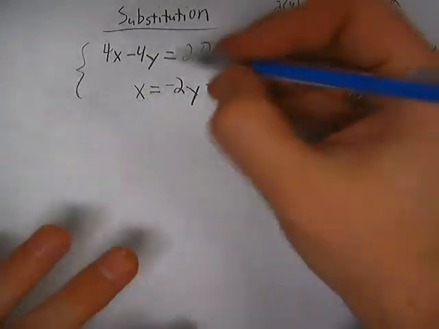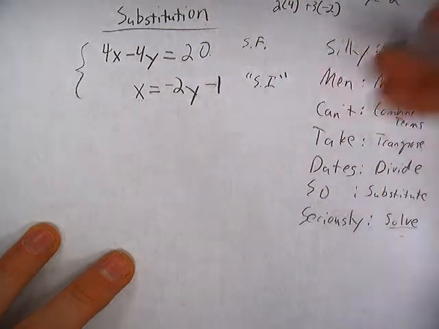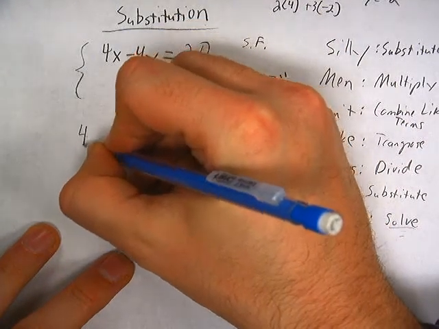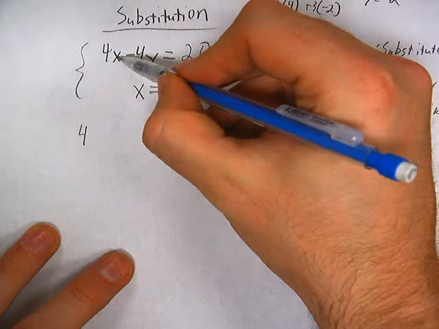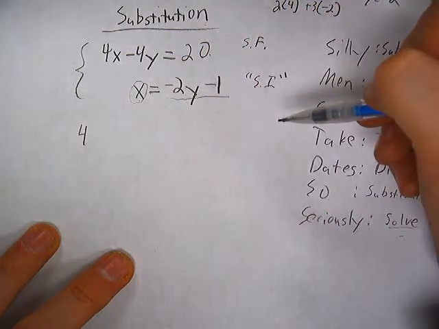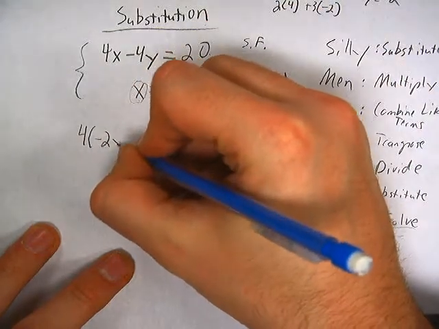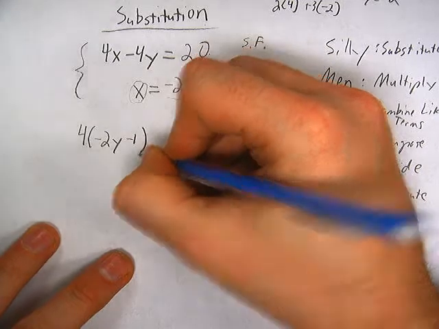So, back up here, I'm going to take my standard form equation and write the entire thing down, but instead of x, I'm going to write the other half of the equation. So instead of x, I'm going to put in parentheses negative 2y minus 1.